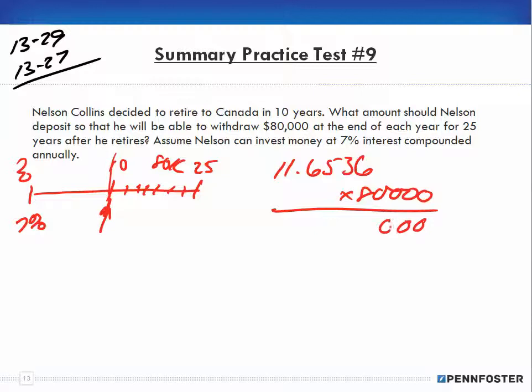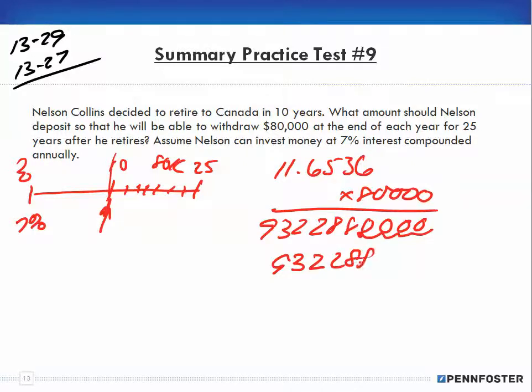So I need a lump sum of $932,288 at this 10-year mark.